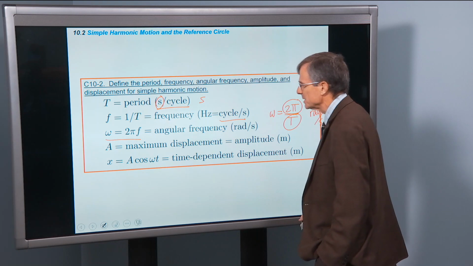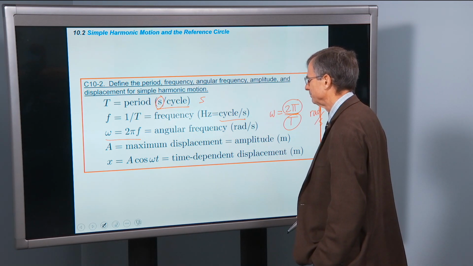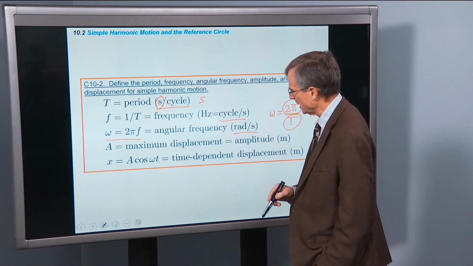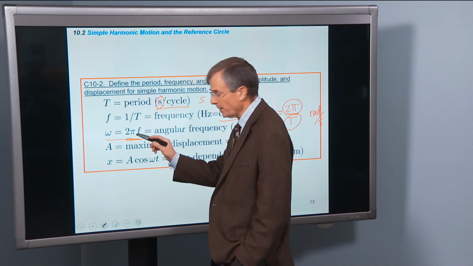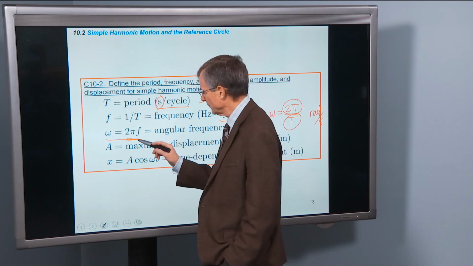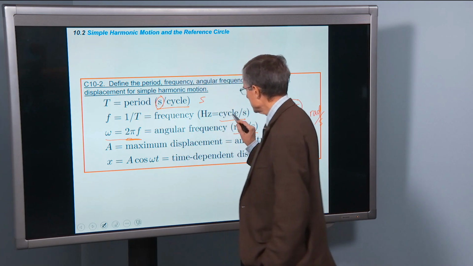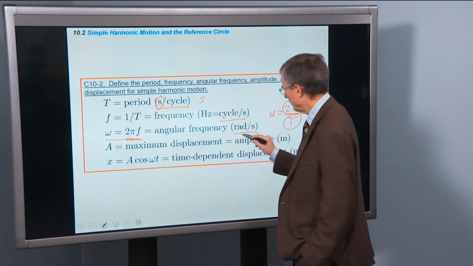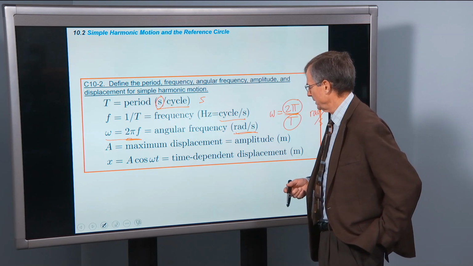And now you can see that the angular frequency is measured in radians per second, and you can see that from here too. 2 pi is measured in radians. f is cycles per second. So that'll give you radians per second, and there's a cycle in there that's not really a unit either.